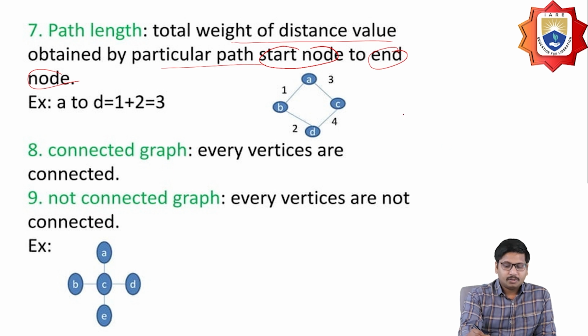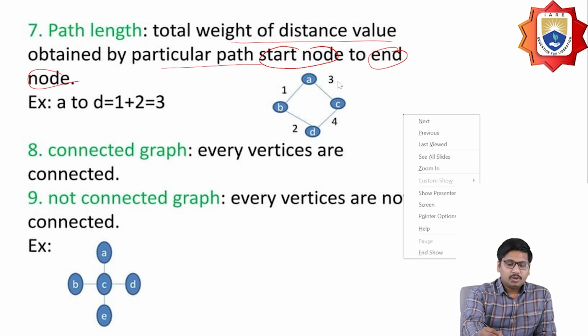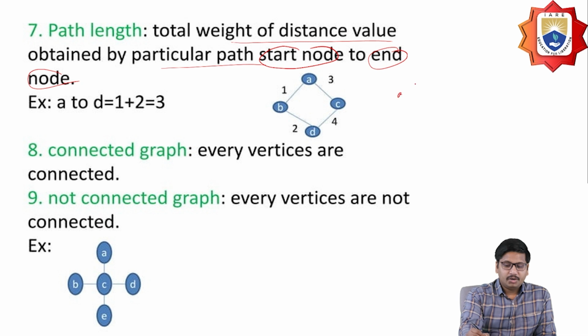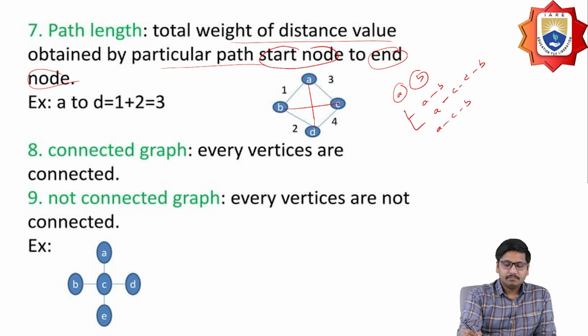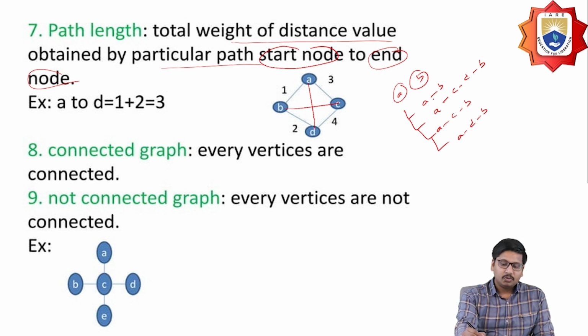In this one, what is the path length from A to B? A to B is one option, and I can go from A to C, C to D, and C to B. Another one, I can go from A to D, D to B. How are the weights calculated?